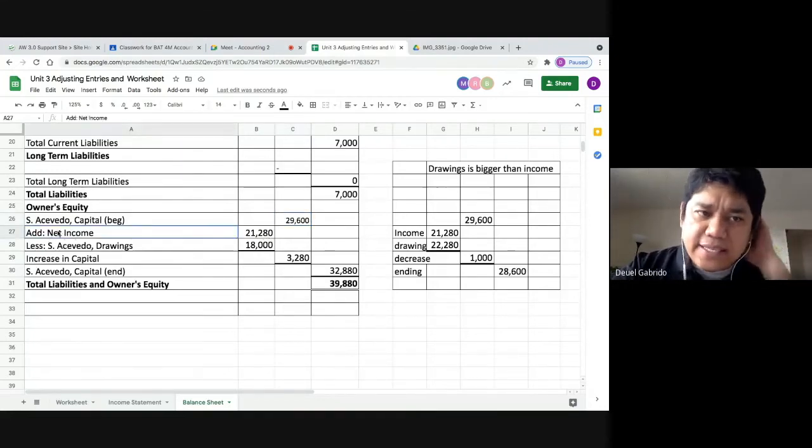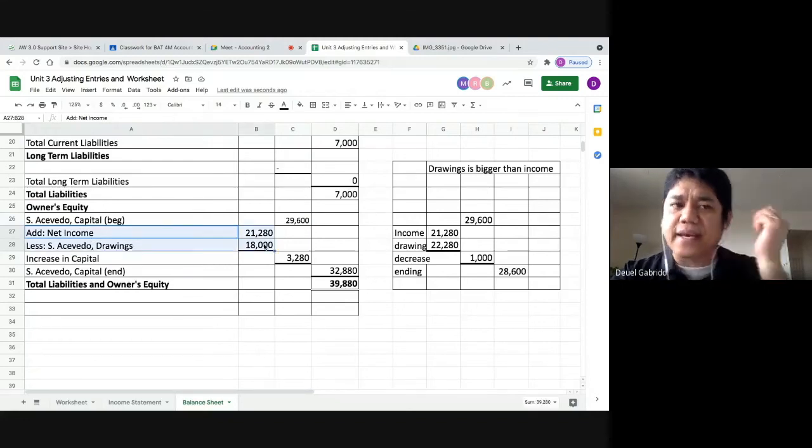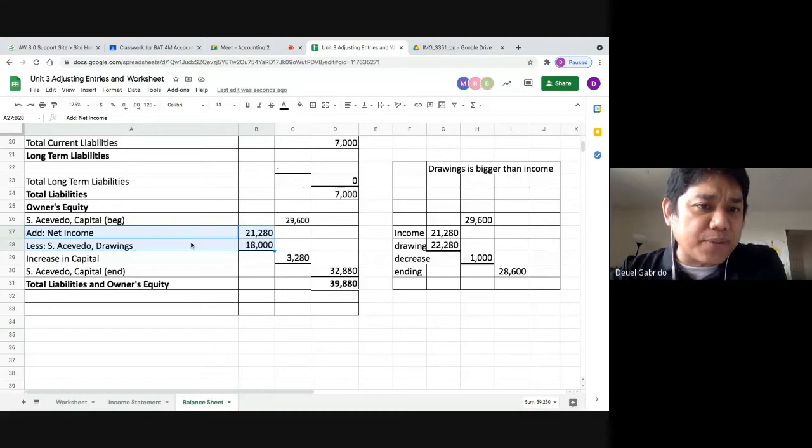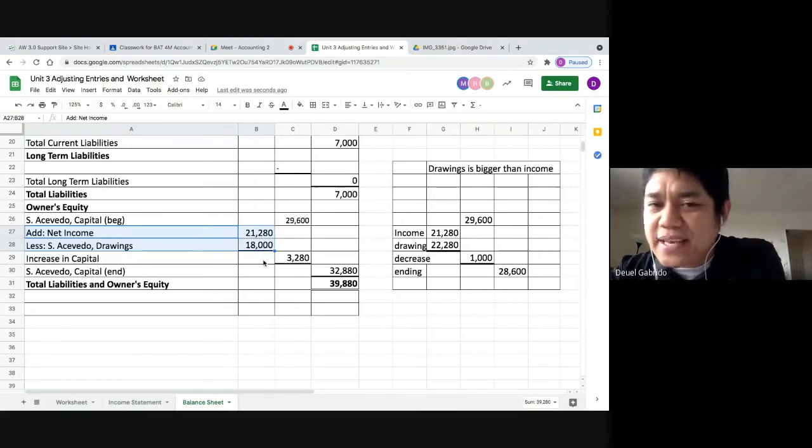Look at this. These two should be partners: income and drawings. We need to subtract the two so that we can know if there is an increase or decrease in capital. We know that net income can make our beginning capital bigger, but drawings, what are drawings again, guys?